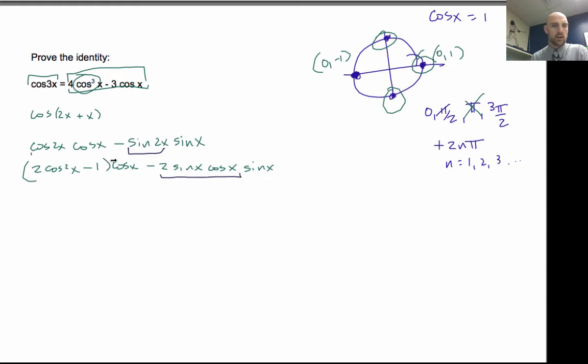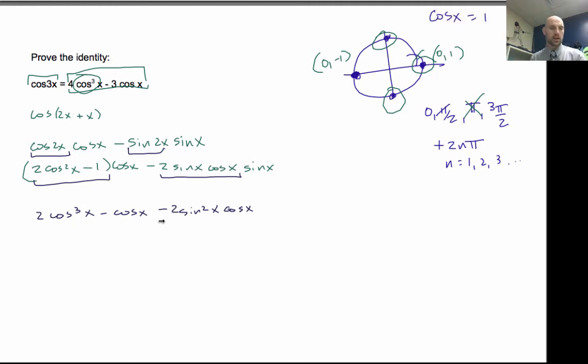That's a sub out. Cosine of 2x is this. That's a sub out. Let's distribute this in. 2 cosine cubed x minus cosine x minus 2 sine squared x cosine x. So what happens here? I've got two things going on here, and I need to prove that it's equal to this identity.